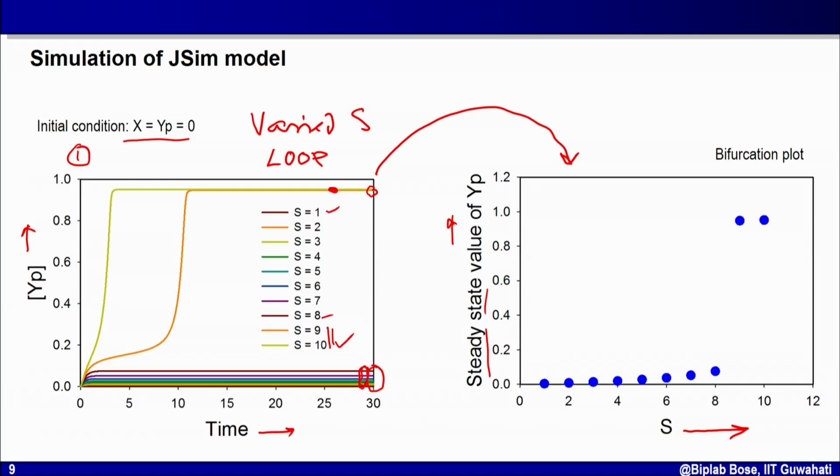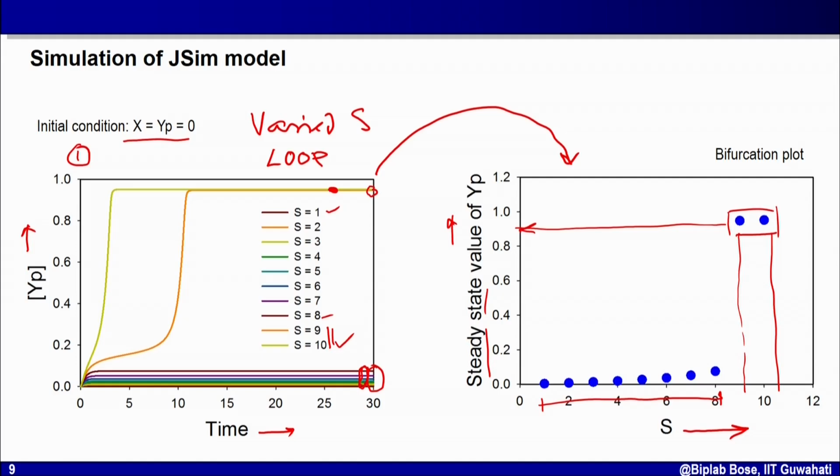By that time, the system has reached steady state. So I have plotted those values, and you can easily see when s is higher, around 9 and 10, I have a steady state which is a higher value, near 1. Whereas in the region from 1 to 8, my steady states are low and close to 0.1.